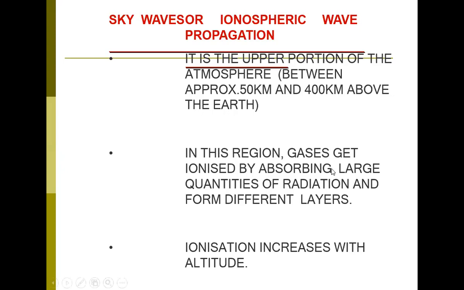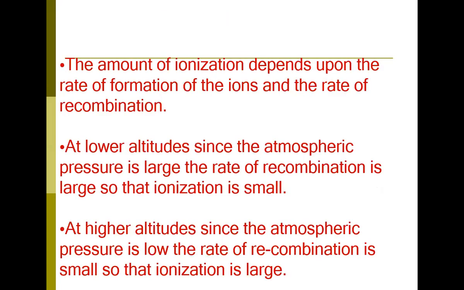Gases get ionized by absorbing a large quantity of radiation and form different layers. I will show you the different layers in the upcoming sections. Ionization increases with altitude. So whenever the height is more, it will have more ions in it. More ionization is there.